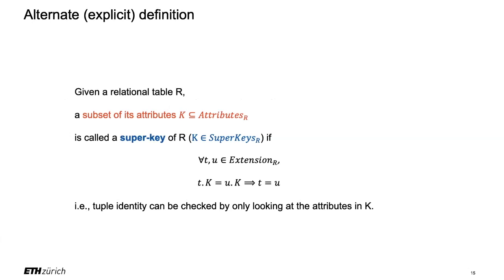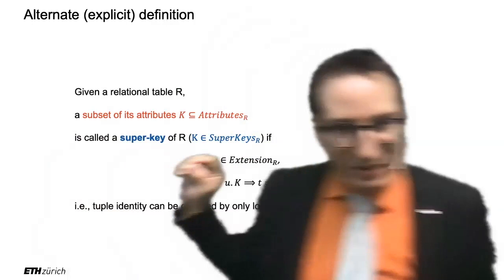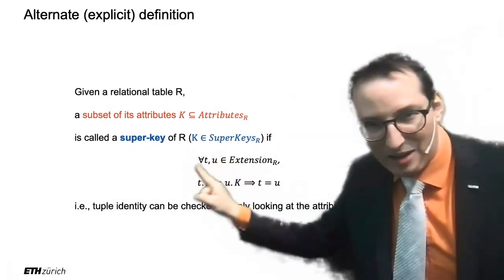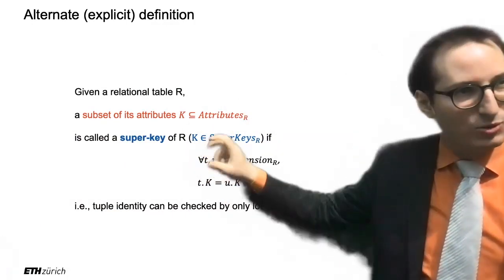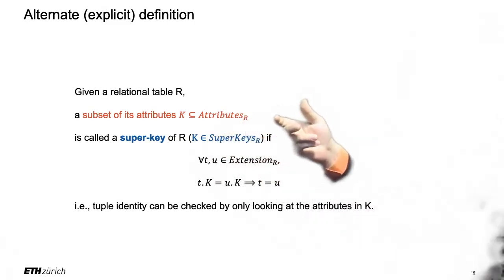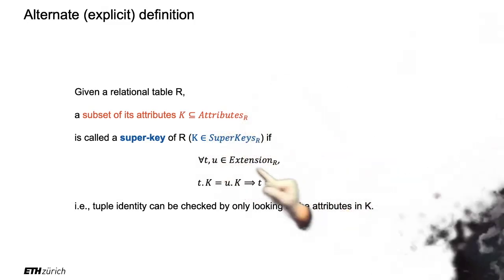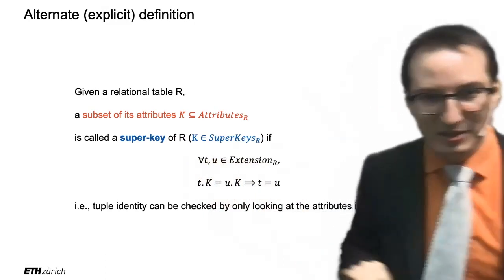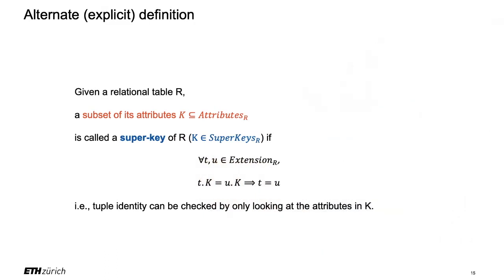If I want to express it formally, in the definition of a super key, I have this reverse A, right? The reverse A is called a universal quantifier. It means for all, right? When you see this, it's for all T and U in the extension. But what happens with a for all on an empty set? Here, the extension is empty. So I'm telling you for all T and U that are in the empty set, so they don't even exist, right?